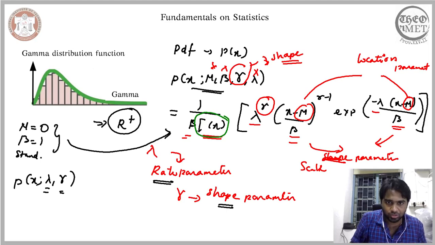So when you substitute these values here, what you would end up having is the PDF for the standard gamma distribution, which will be of this form. Again, the characteristic gamma function remains the same, and the rest will be of this form here.